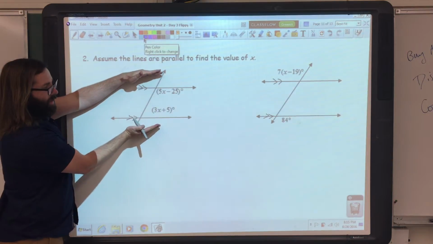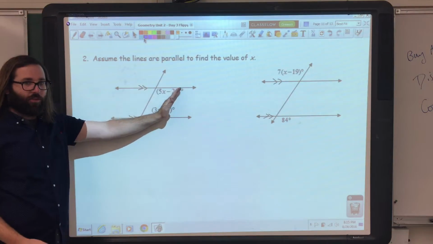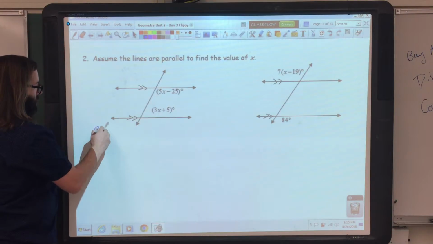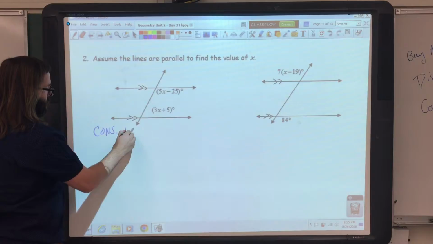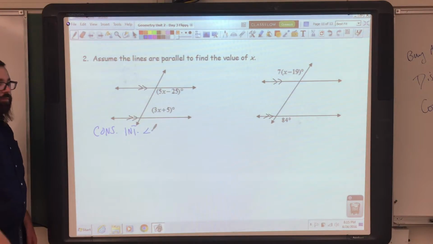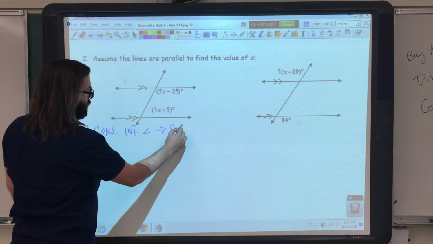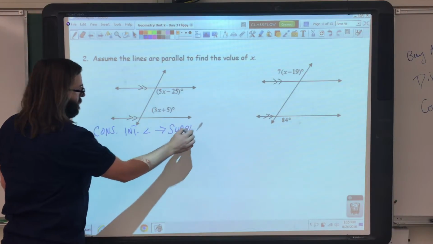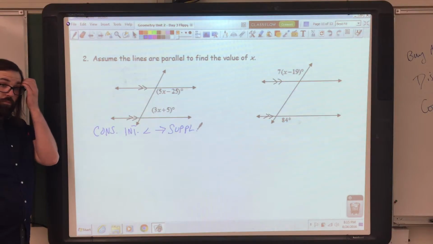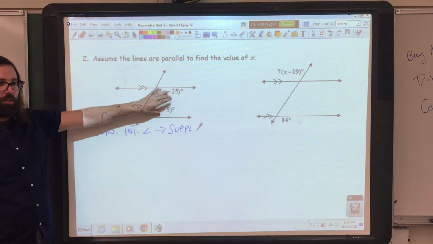Okay, they are inside your parallel lines, and on the same side as the transversal. So these are consecutive interior angles. And we know that these are supplementary. So we know these add up to 180.